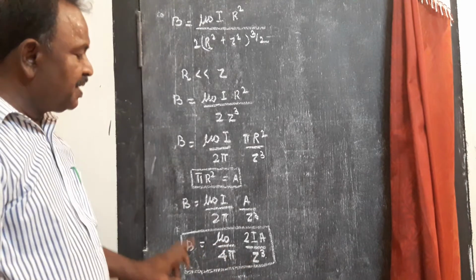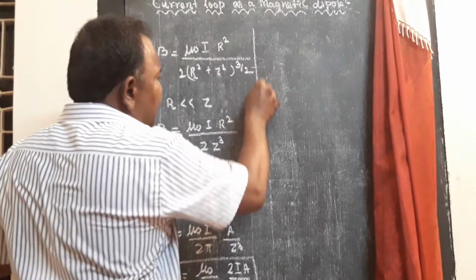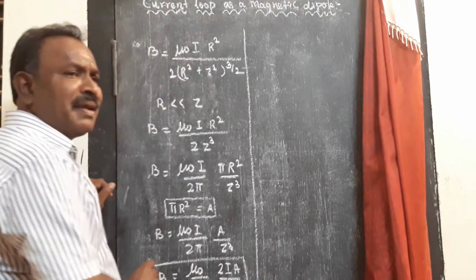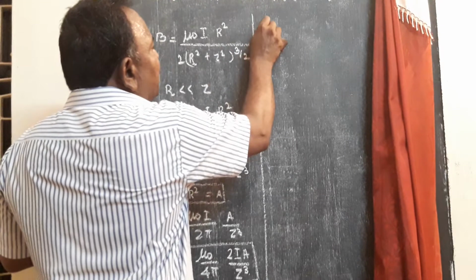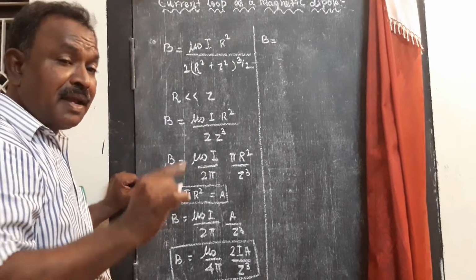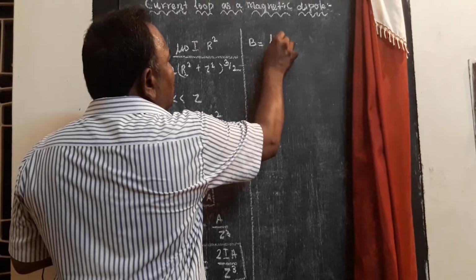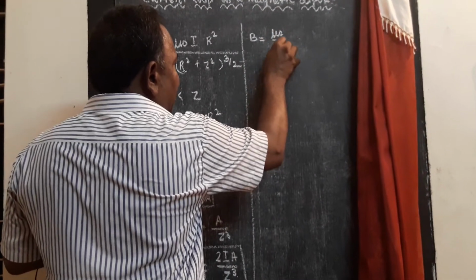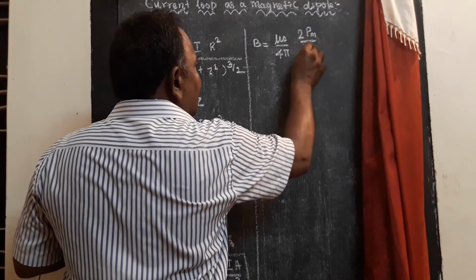When this expression is compared to the magnetic field produced by a bar magnet at any point on its axial line, the magnetic field due to a bar magnet at any point on its axial line is given by mu naught by 4 pi into 2 Pm by R cube.